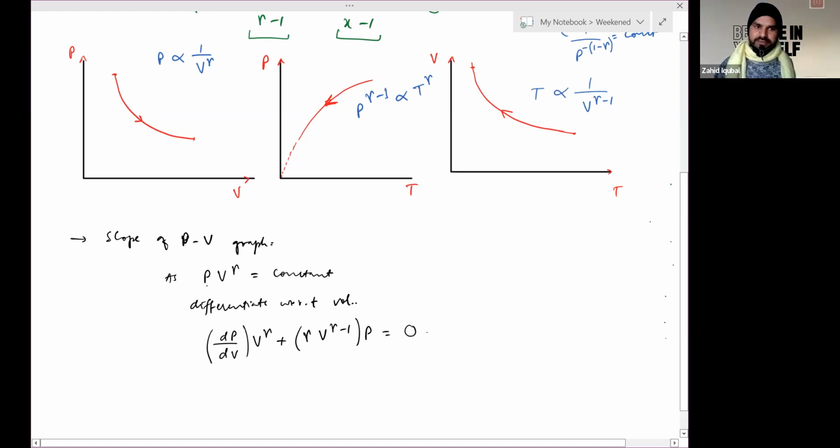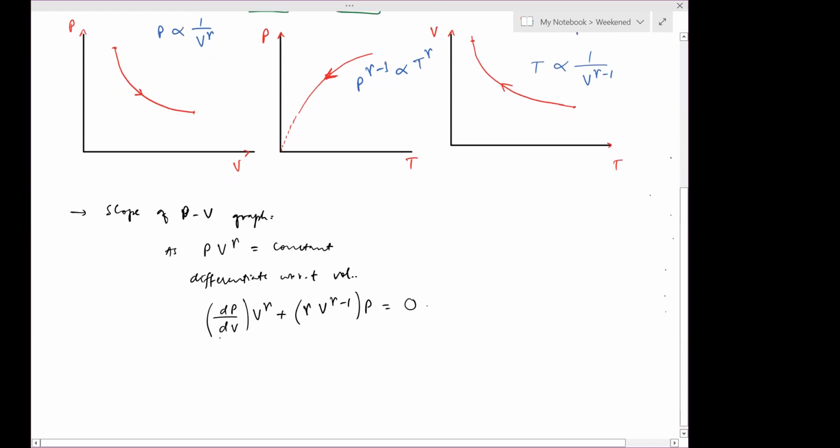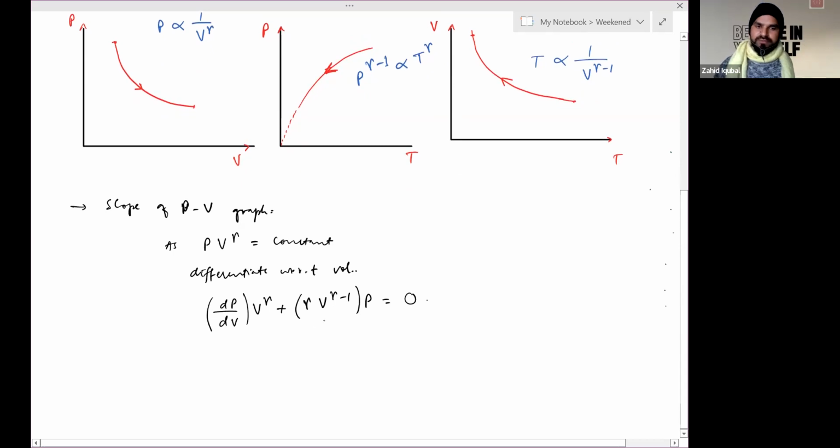I've just differentiated P and multiplied by V. In second part, since V has exponent gamma, it will be n x to the power n minus 1. Using this, I have differentiated this, multiplied by P. Memuna, is it clear? Yes, sir. Okay. Since we have to calculate dP by dV, so move the rest of the term to right side.